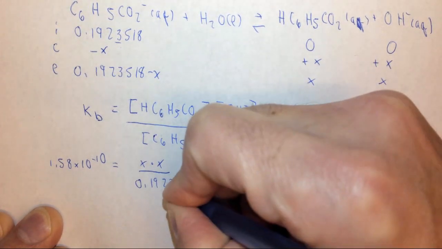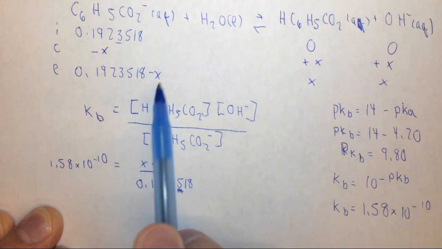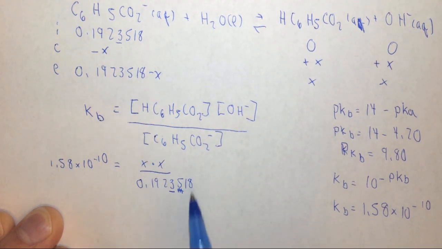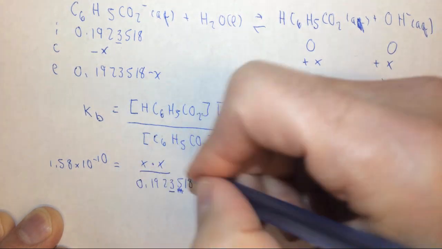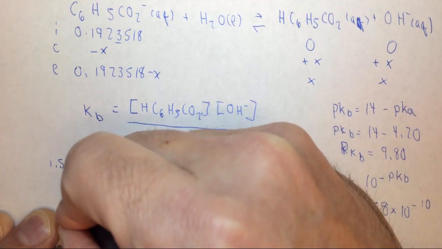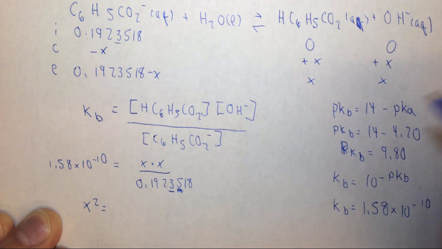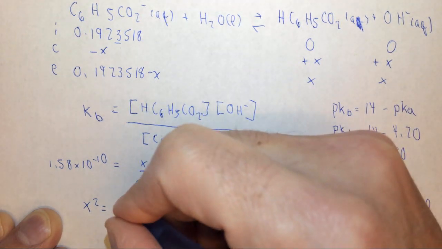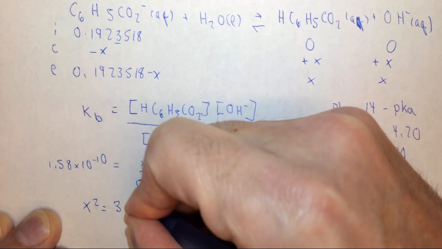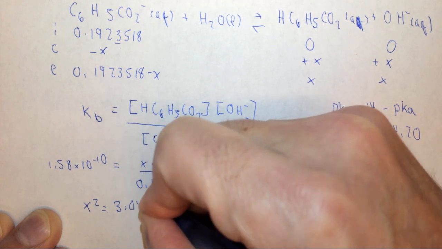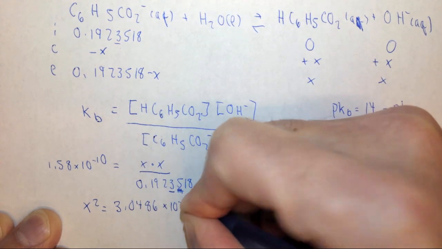And again, we're going to just pretend that the X doesn't exist. Cross multiply, multiply X times X, and what you get is X squared equals 3.0486 times 10 to the minus 11.